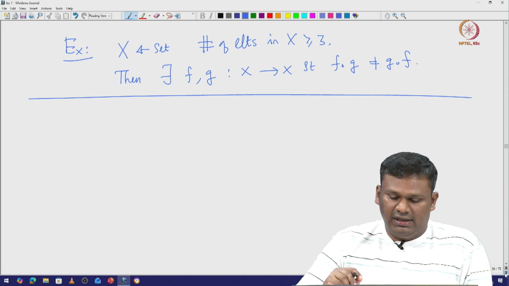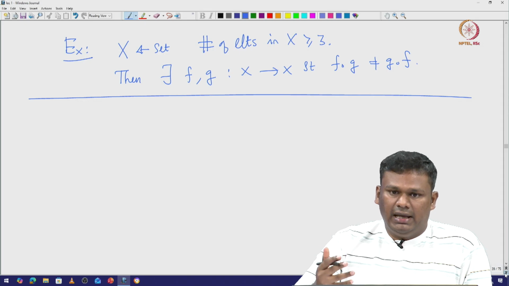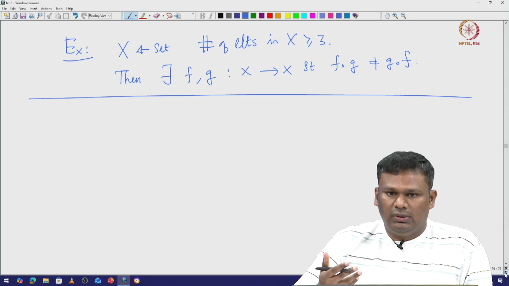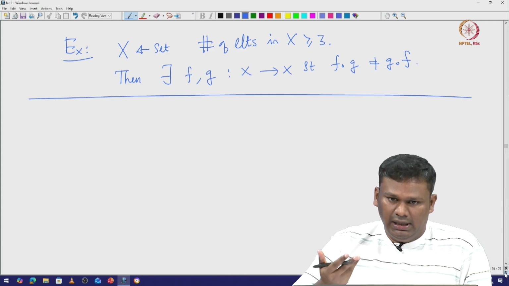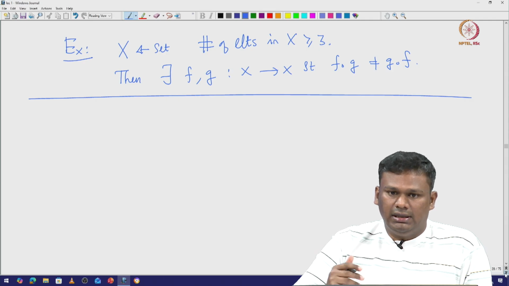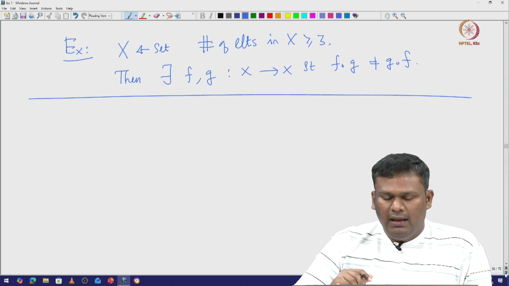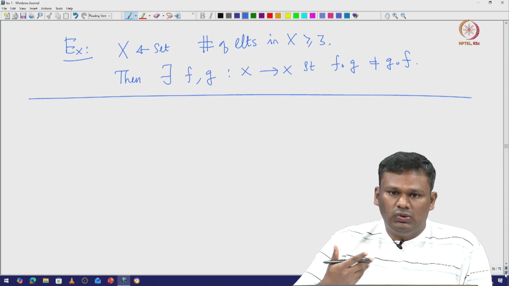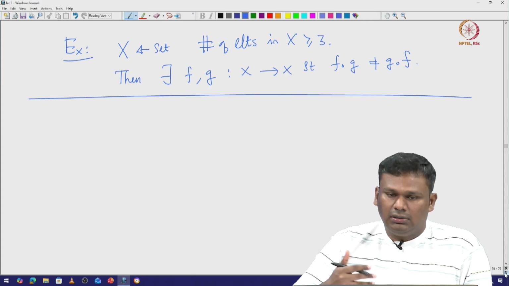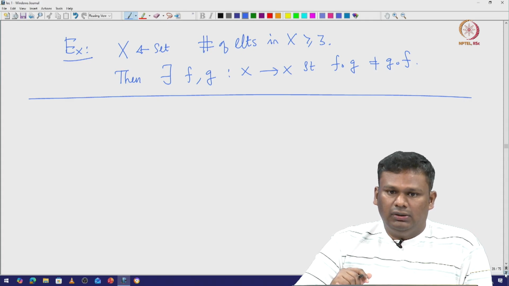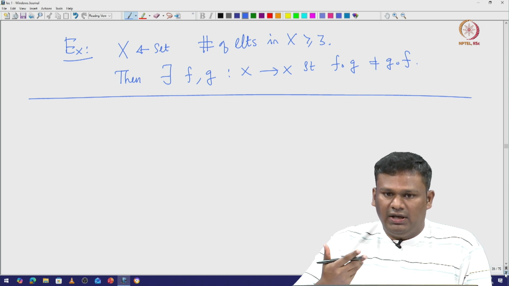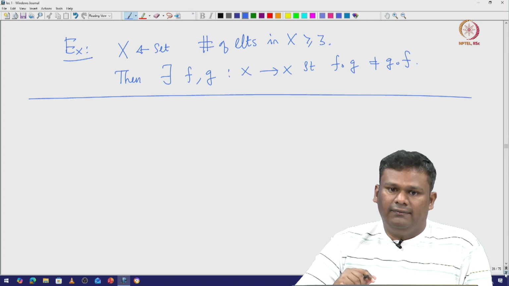If you just take a collection of all sets such that a set is not contained in itself, we have seen that it is not actually going to be a set. And the ideas used in that proof can be explored further to prove that we cannot have a surjective map from X to its power set.